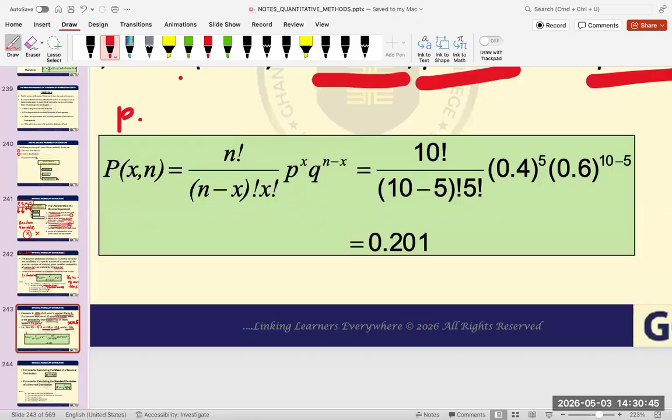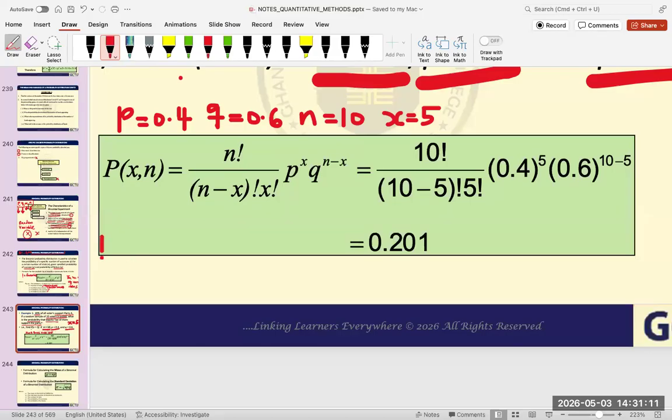To recall, the P was 0.4, the Q we had 0.6, N we had 10, and then X is 5. So we are doing substitution in the formula.